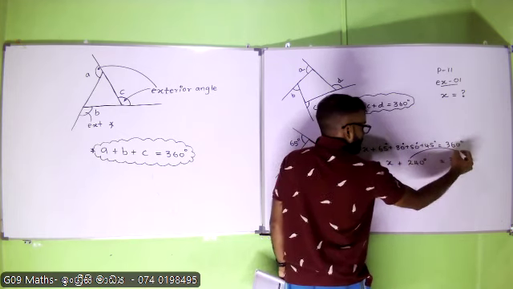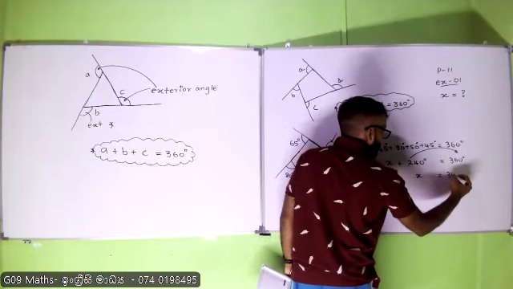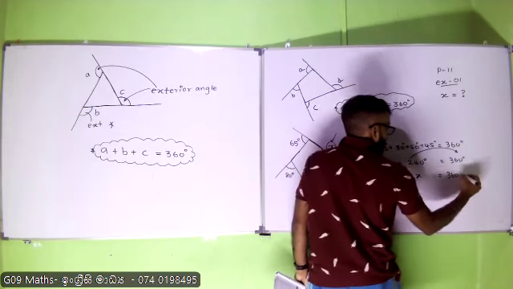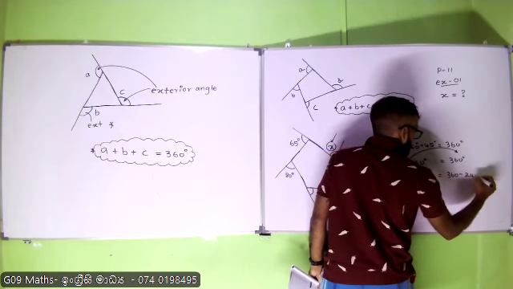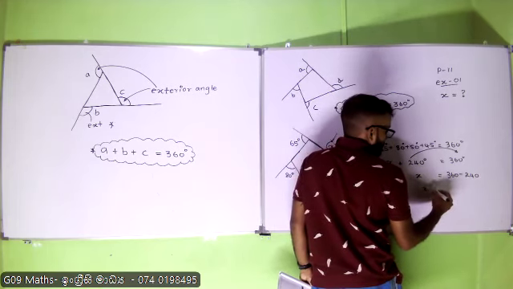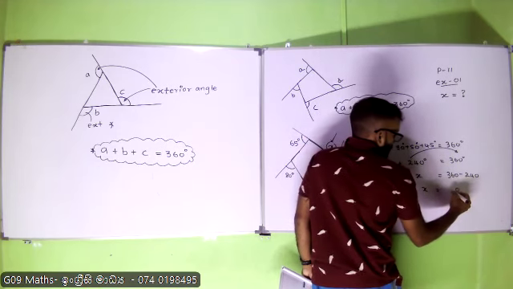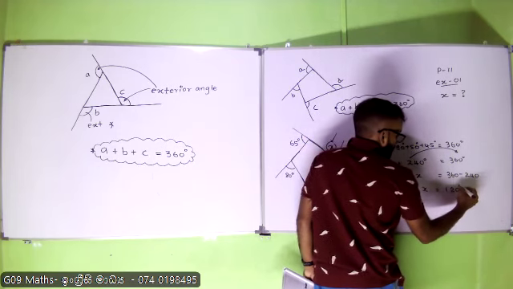Take this to this side and negate it. x equals 360 degrees minus 240, x equals 120 degrees.